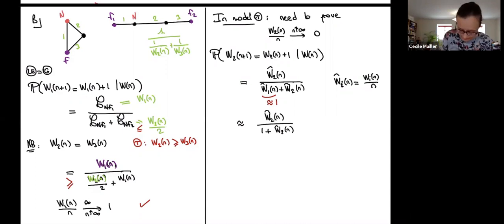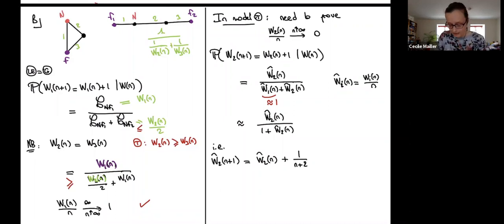So if you know stochastic approximation, you see one here now. From here, it's very easy to prove that if you can write W2 hat of n plus 1 in terms of W2 hat of n, so you have a recursion equation, which tells you that this is W2 hat of n plus 1 over n plus 2 times, it's n plus 2 because I want to put n plus 1 here, sorry, times a function of W2 hat of n plus delta M n plus 1.